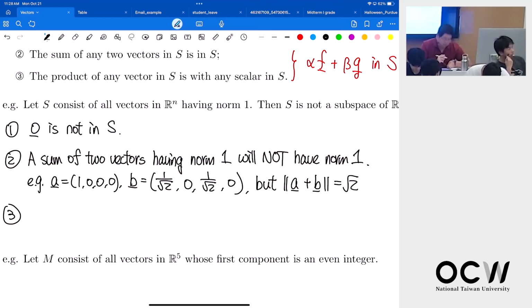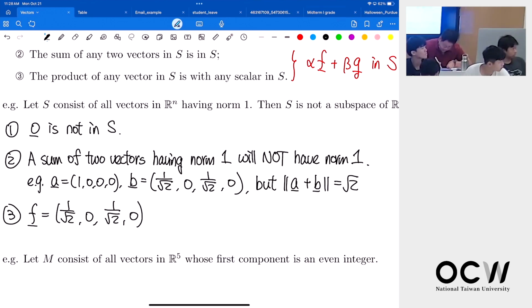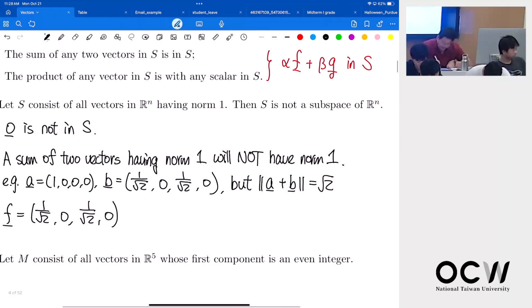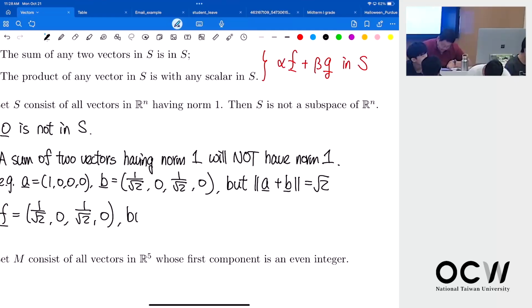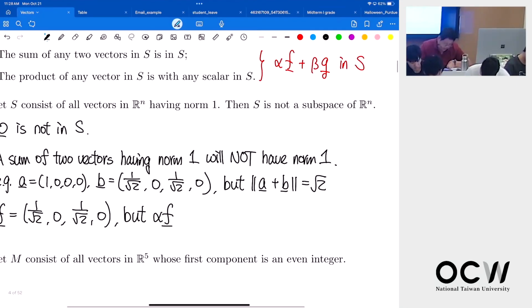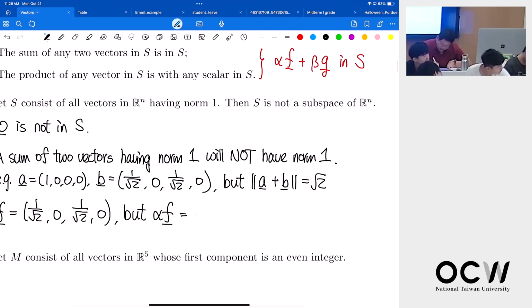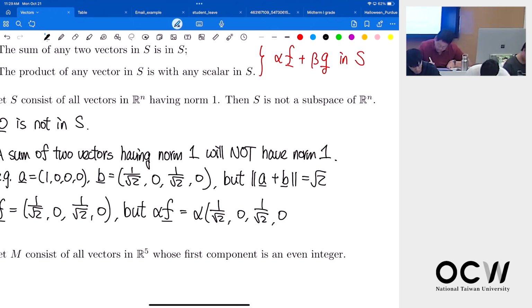Okay. So next, if my vector is 0, 1 over square root of 2, 1 over square root of 2, but I times a scalar, then it should be alpha times that vector.